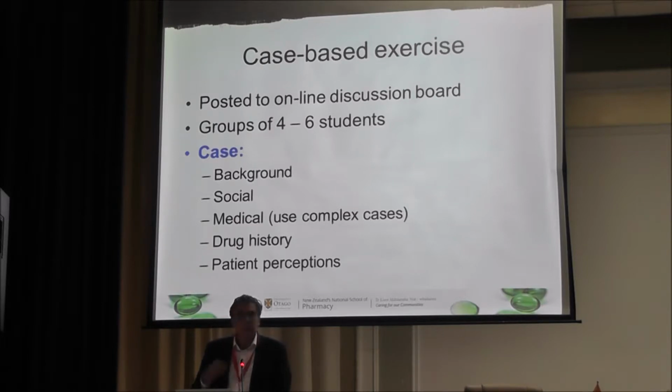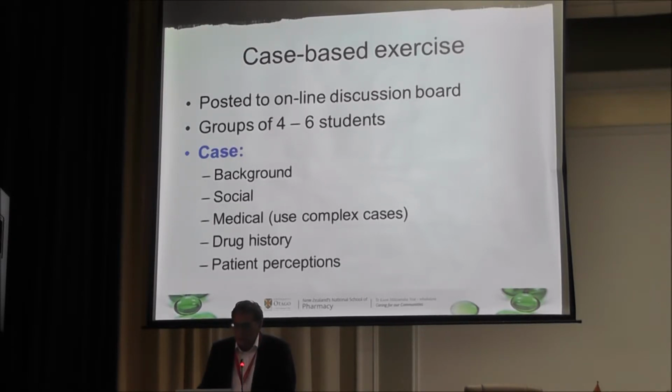The case gives the background information, including the social history, the medical conditions, and we tend to use complex cases, which represent a lot of the cases we see. Cases with several, sometimes 5 or 6 comorbidities or more, and maybe 10 or 12 medications.